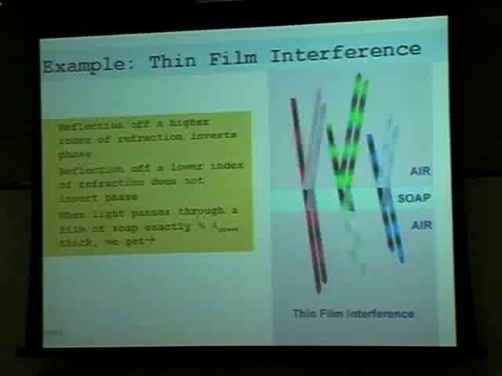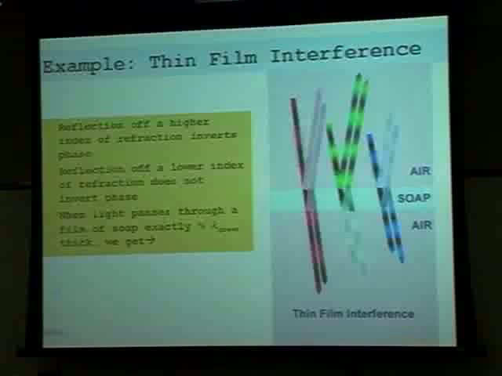That means that the light that goes there and back again will constructively interfere with the light that reflected off the first surface, and hence you would see an intense green light. And all other wavelengths would not have constructive interference, hence you see green light from white light incident on this soap. Neat.